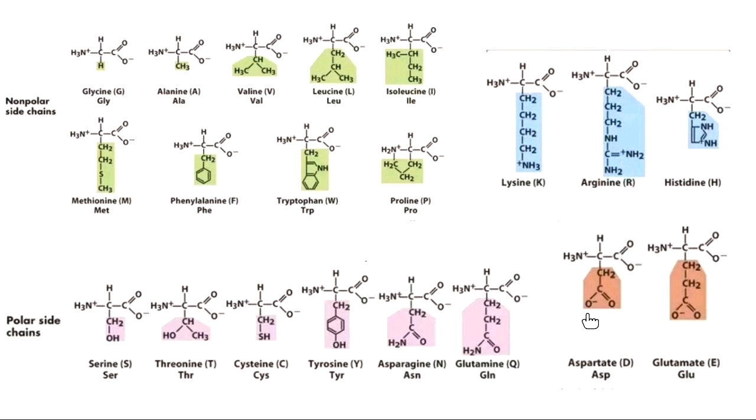What happens in sickle cell anemia is I put in an amino acid from a different personality type, a different group of amino acids. Remember that the personality types of my amino acids dictate their tertiary structure.